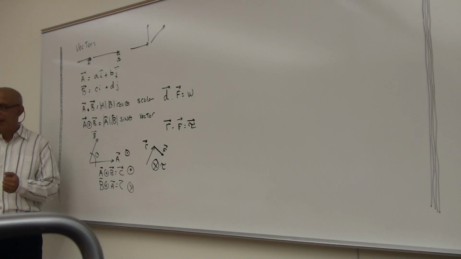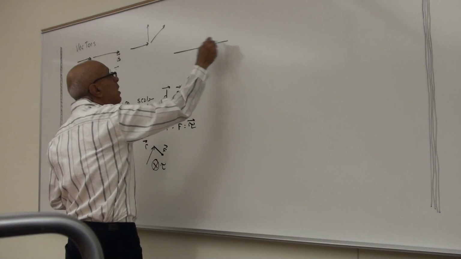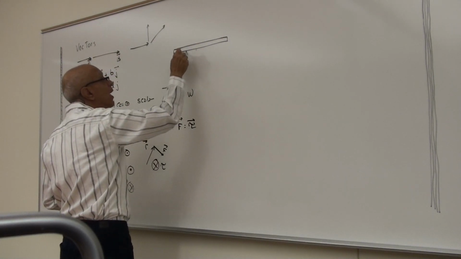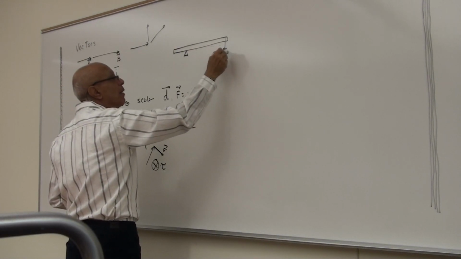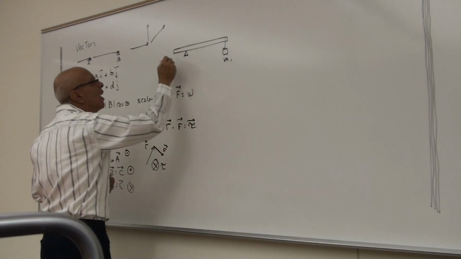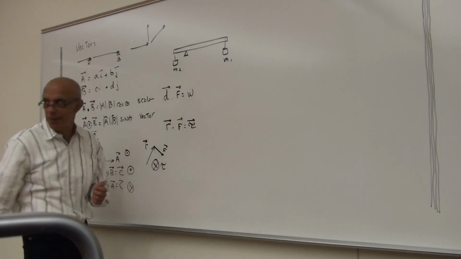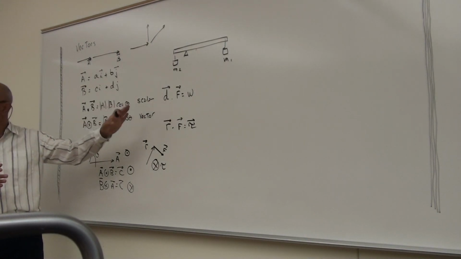The example you guys had in the lab, what was the lab? Do you remember the lab? I had here a ruler, right? With, let's say, a pivot point here, and then here I have some weight, M1, and here I have another weight, M2, right? Why is it in equilibrium?